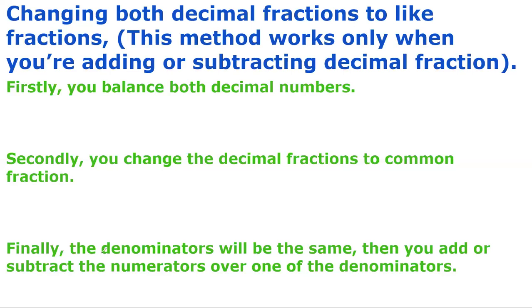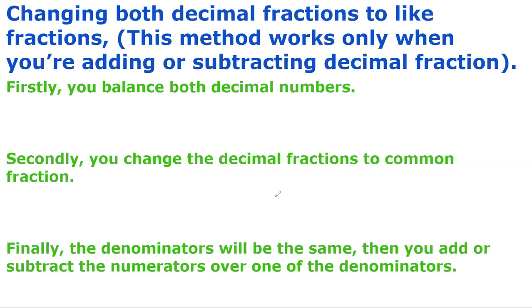Then finally, the denominators will be the same. Then you add or subtract the numerators over one of the denominators. After changing the decimal fractions into common fractions, into like fractions, they will all have the same denominators. Then you choose one of the denominators, but the numerators will be different.